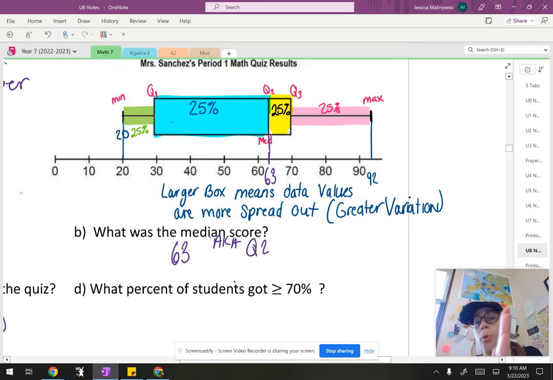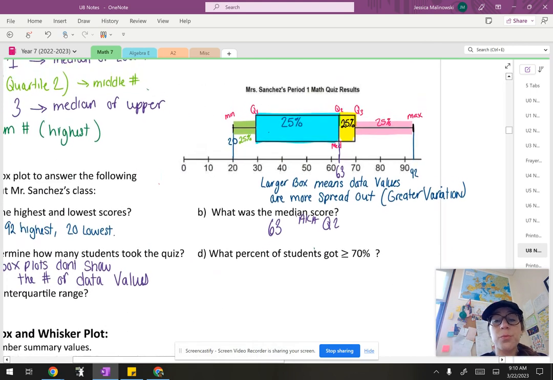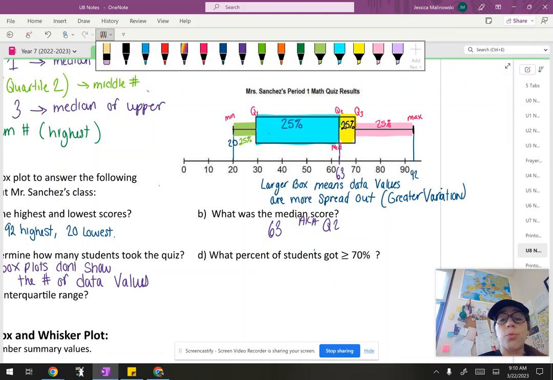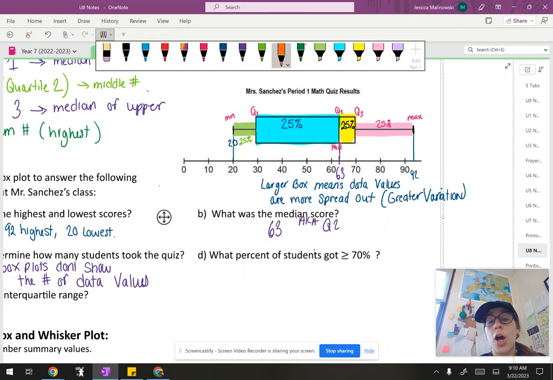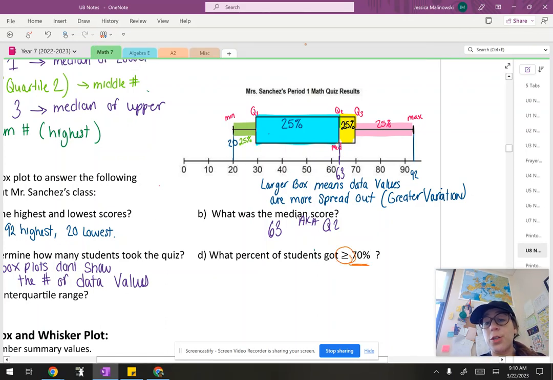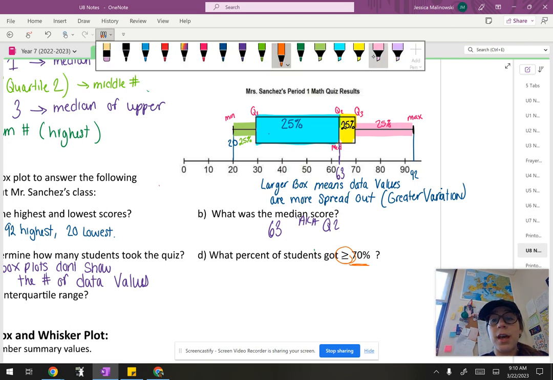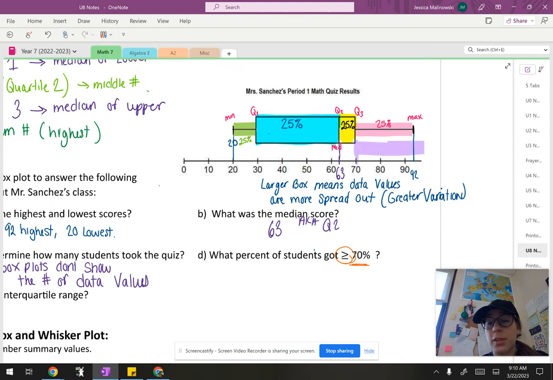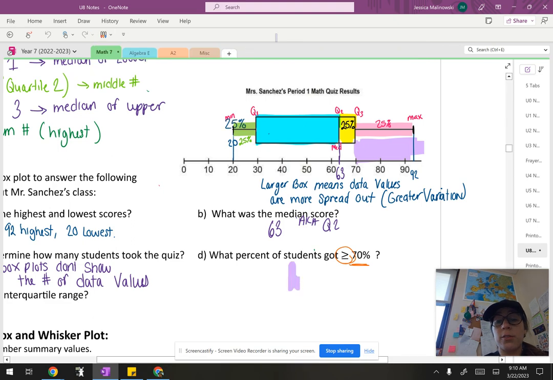They're just more spread out versus less spread out. So when they ask what percent of students got greater than or equal to a 70, 70 starts right here, and greater than would be this way. So that would be 25%.